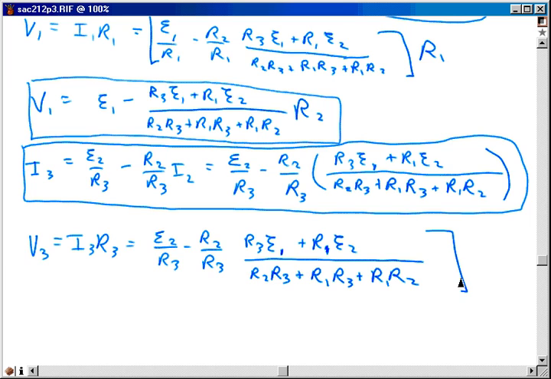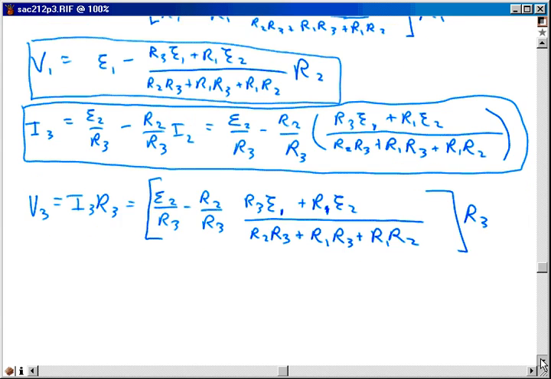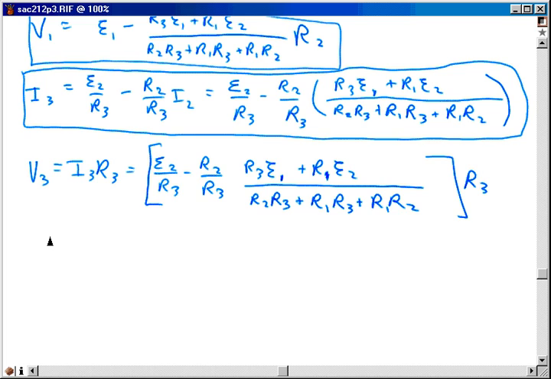I gotta multiply that whole thing by R3. And I'll go ahead and simplify that. Since I got an R3 in the denominator in both places, I'll distribute it.